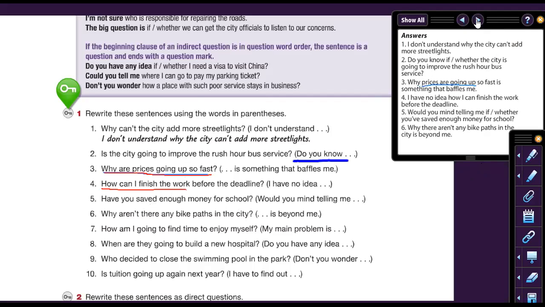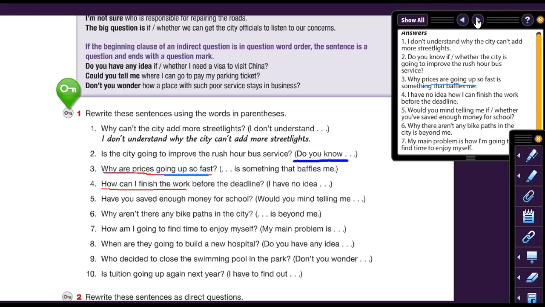Number 7. My main problem is how I am going to find time to enjoy myself. Exactly. So the same. Well done.